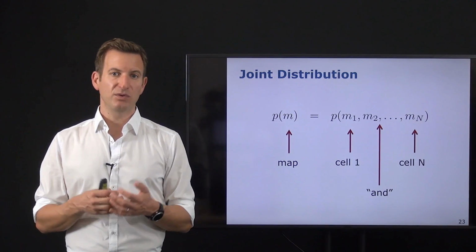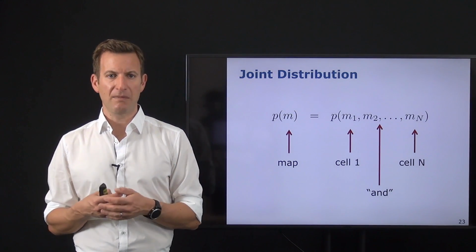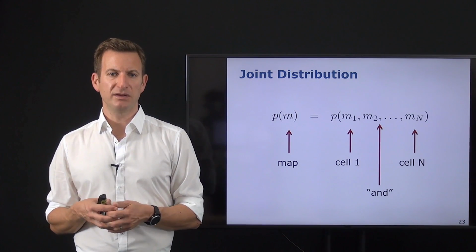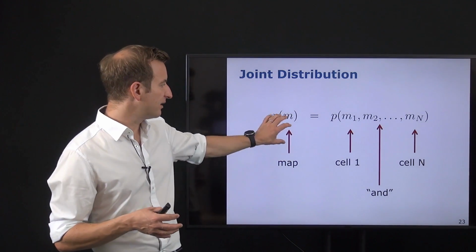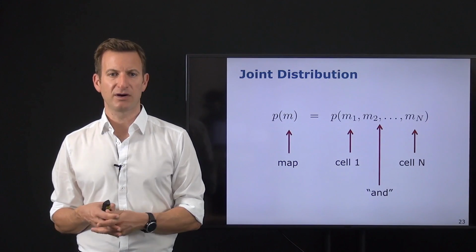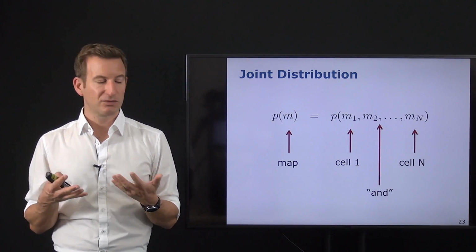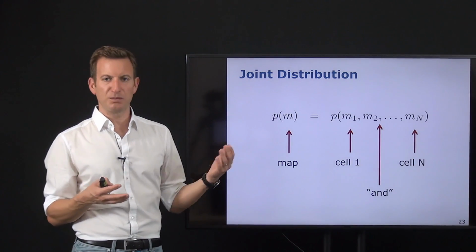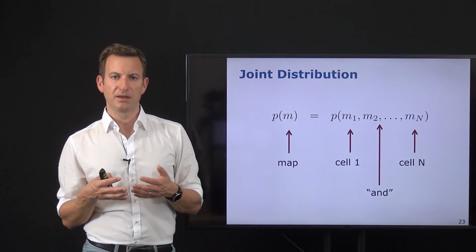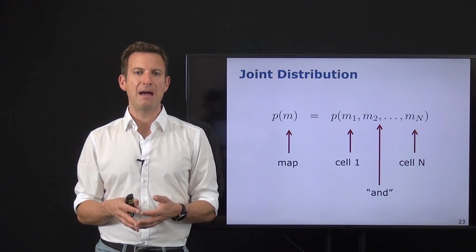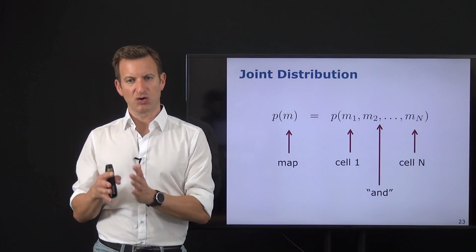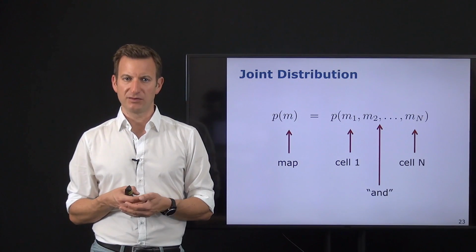If we want to talk about the occupancy map, it is a probability distribution representing the whole map of the environment, all the different states that we have. In general, it would be the joint belief. So the probability distribution about the map is the joint belief about the values of the individual cells.